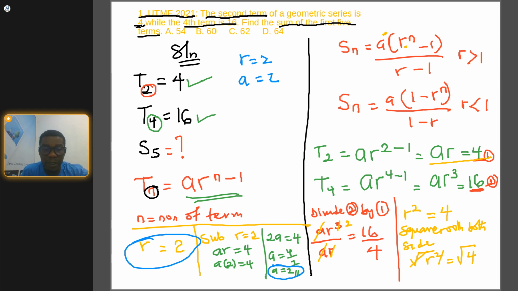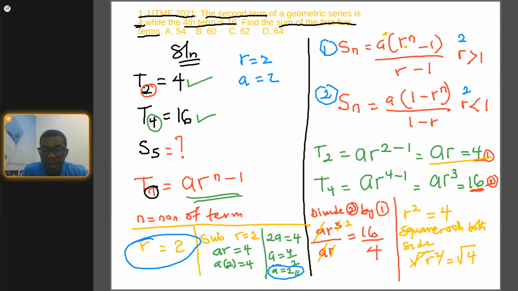The question I'm going to ask is that we have formula 1 and formula 2. If your R equals 2, which of these formulas are you going to use? Is it 1 or 2? Take note, you are going to put 2 here and put 2 here. If R is greater than 1, you'll be using the first one.